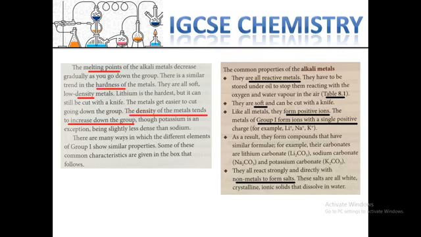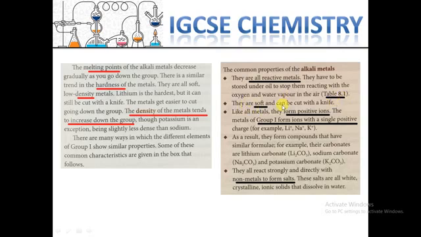So here, just explaining again, as a summary of this part, alkali metals are very reactive. You can find more properties in table 8.1.